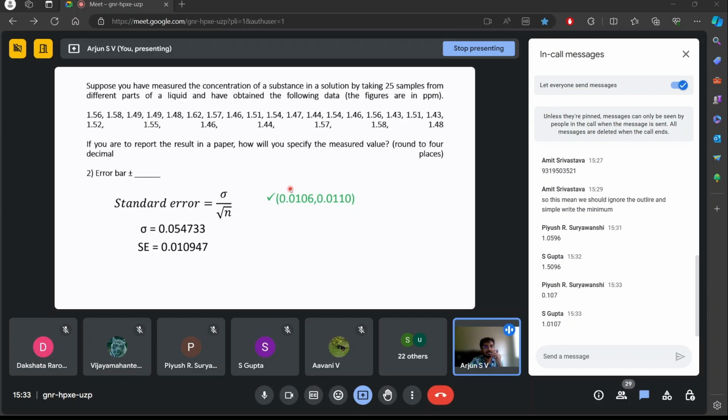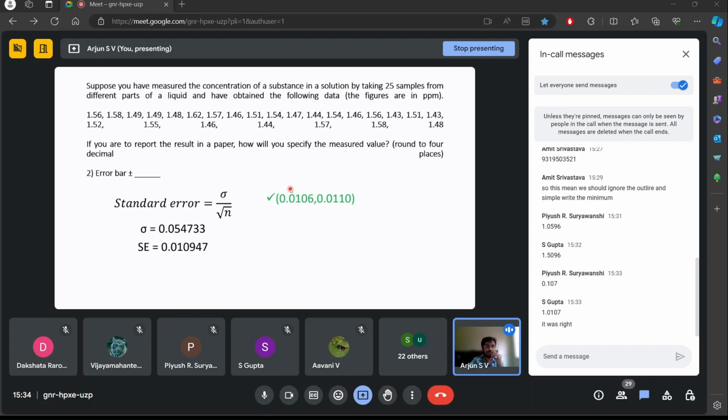So the acceptable range is 0.0106 to 0.0110. Gupta, you also told 1.0107, but if it is 0.0107, it's correct. I don't know if you have typed it wrong. Okay, if it was right, then it's okay.